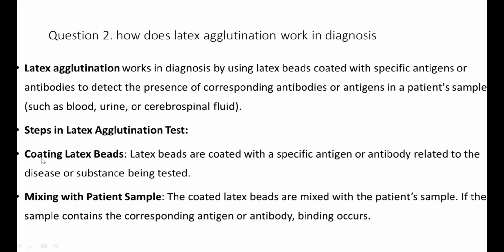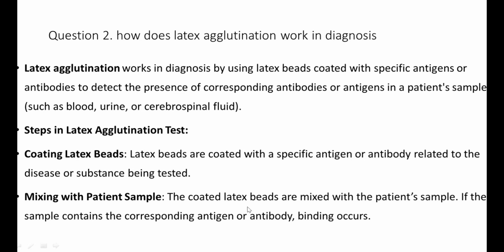The first one is coating the latex bead. Here, the latex bead needs to be coated with either antibody or antigen, based on what we are looking for in the patient serum. After coating it with the molecule, it is mixed with the patient's sample.